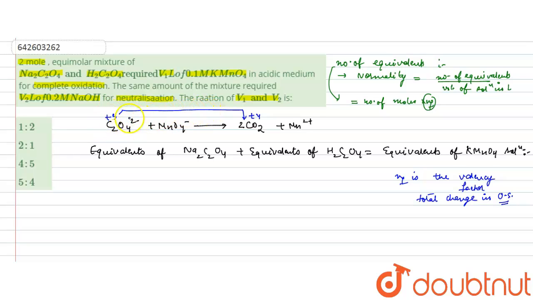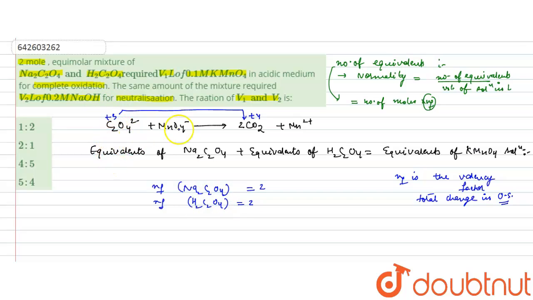Now it means the n factor for oxalate, or we can say Na2C2O4, will be 2, as the total change in oxidation state is 2. Similarly, the n factor for H2C2O4 will also be 2, because the same oxalate ion is present.